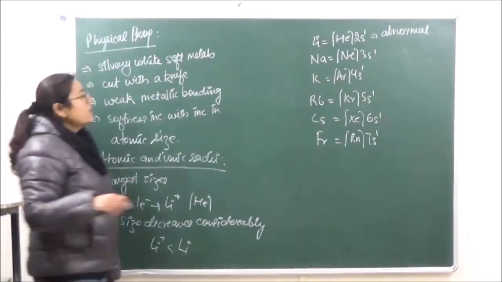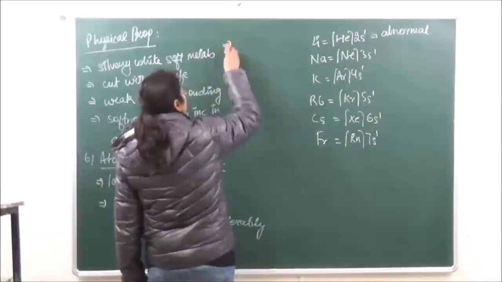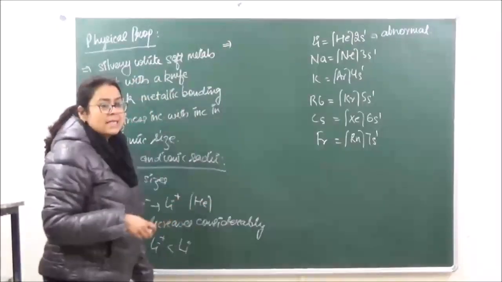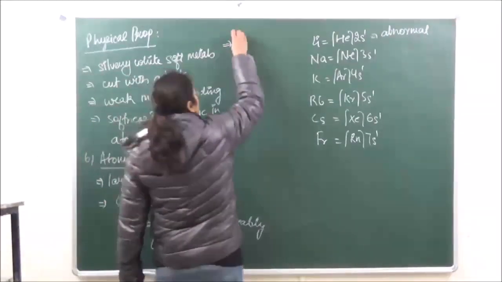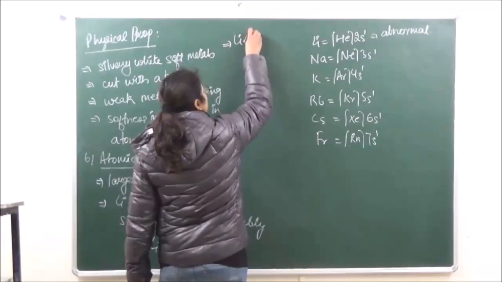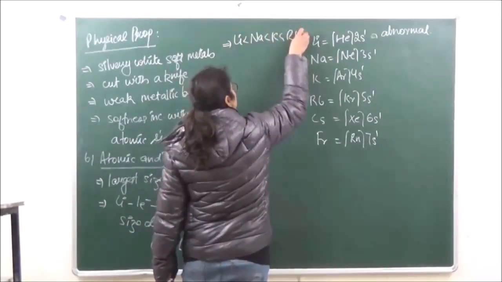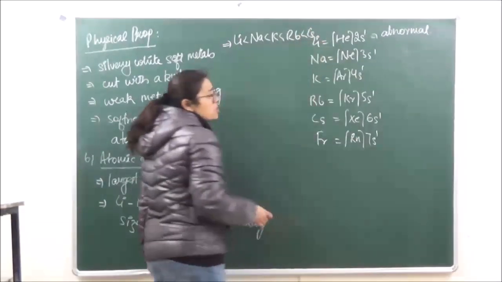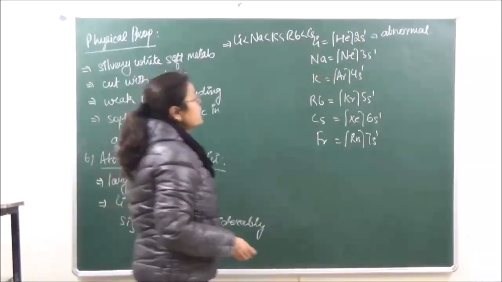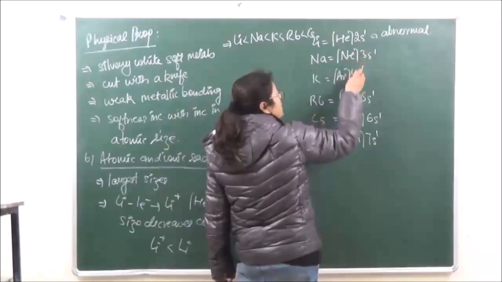In other words, in general, we can say that as we keep going down the group, the size will keep on increasing. So lithium is going to be smallest, then sodium, potassium, rubidium, cesium, and then of course francium. The reason behind that is the introduction of a new principal shell.